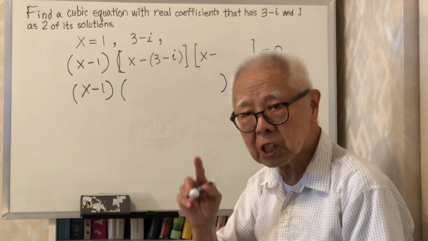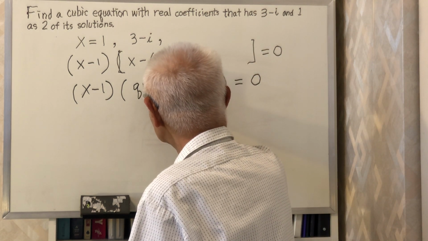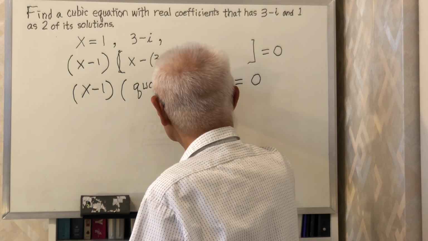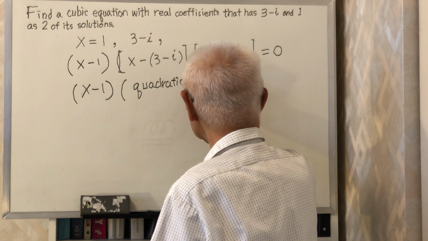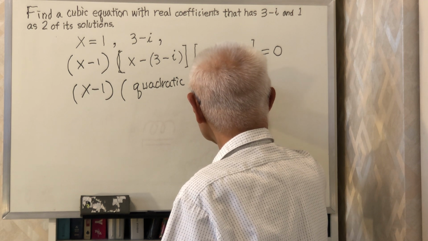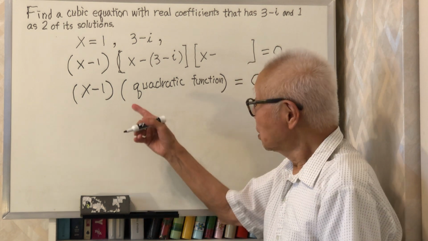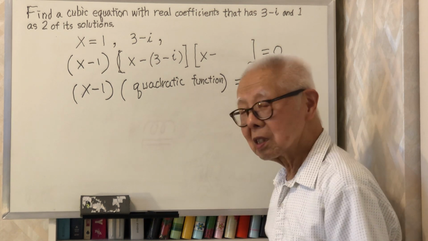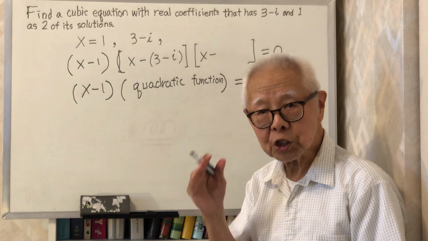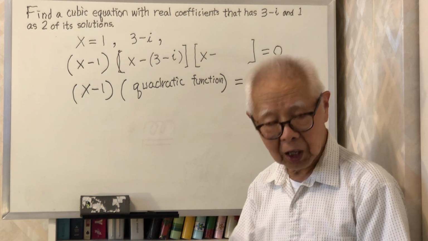So this part must be a quadratic function, or you say quadratic factor. So a quadratic function has 2 solutions. And these 2 solutions can be found by applying the quadratic formula.